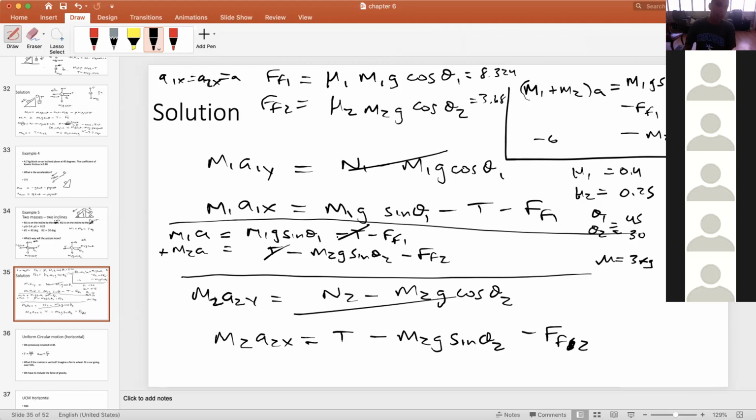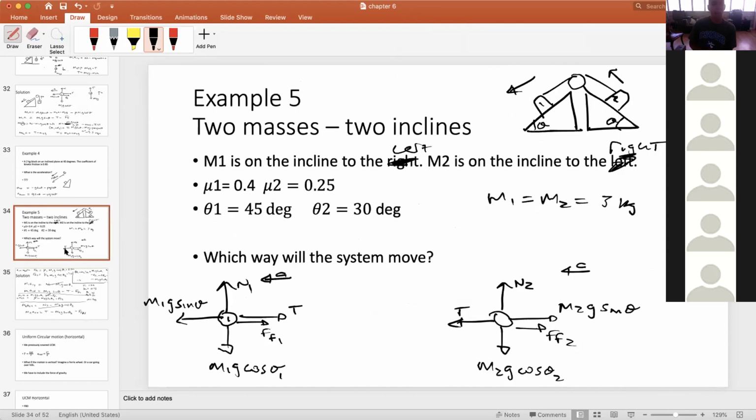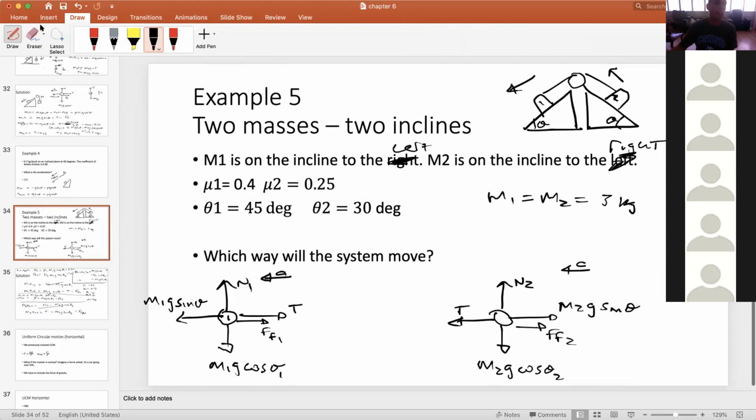We could redo this whole thing by looking at this and simply switching our A's, so A, and this becomes force of friction 1, and this becomes force of friction 2.